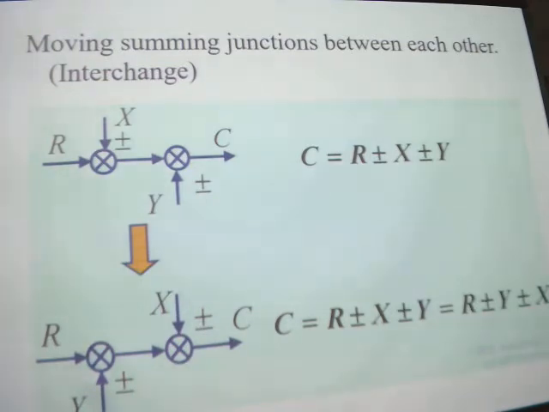This is the two summing junctions changing their positions. So it is very easy. You can also explain it by mathematical method. It is also easy to understand.